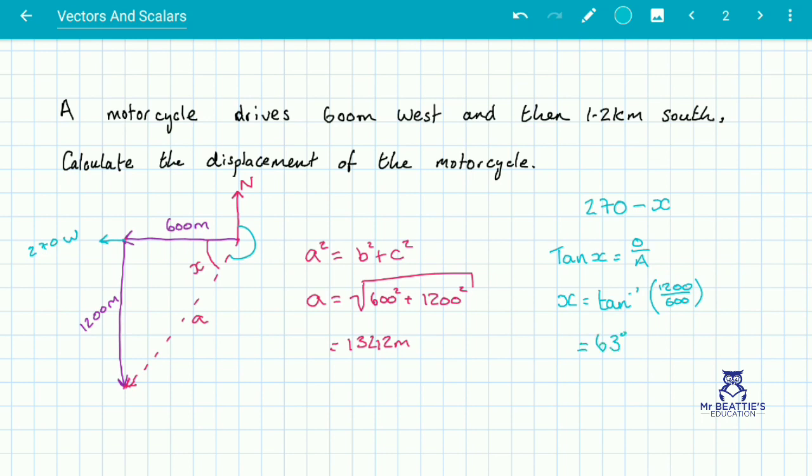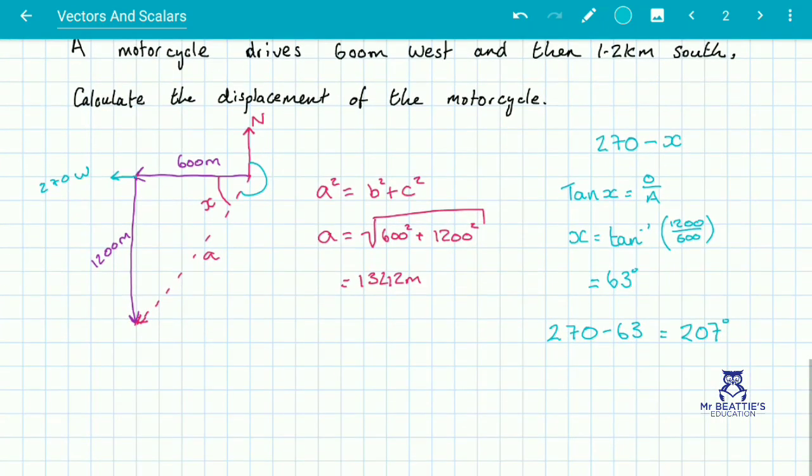And so our final bearing is going to be 270 minus 63 degrees, which comes out as 207. And so our final displacement for this question, for our motorbike, would be S equals 1,342 meters at 207 degrees.